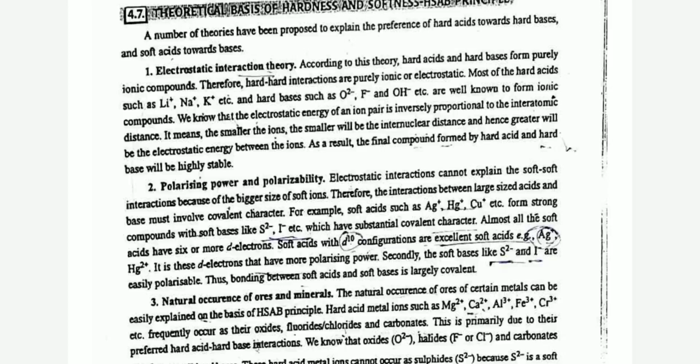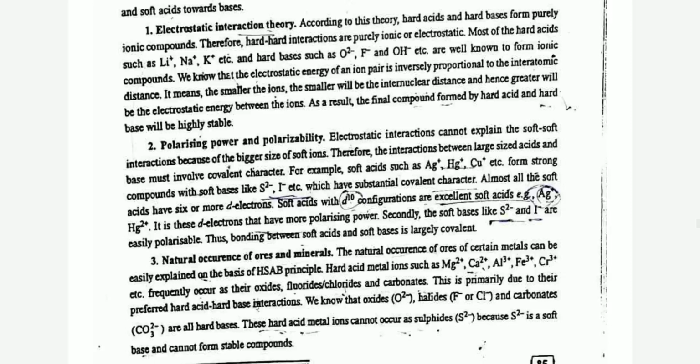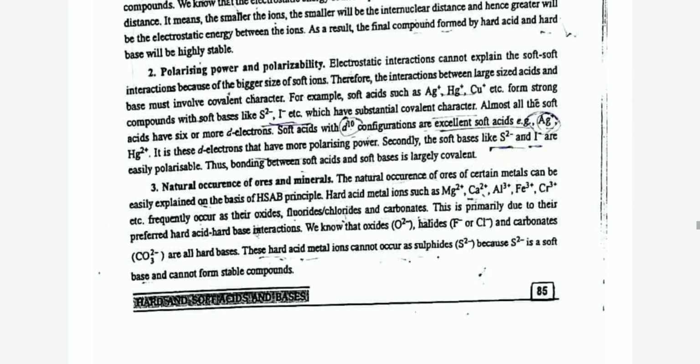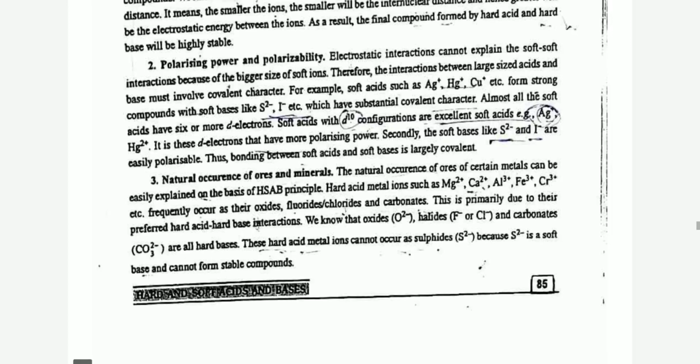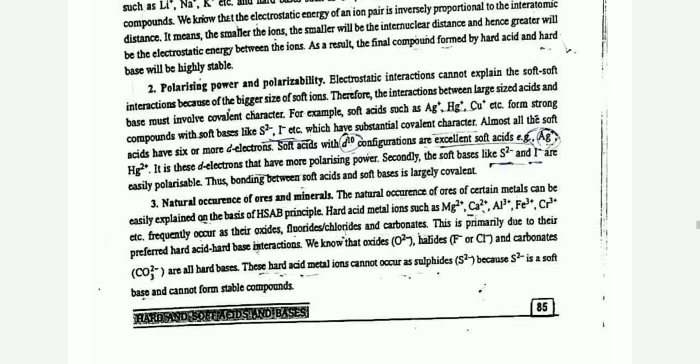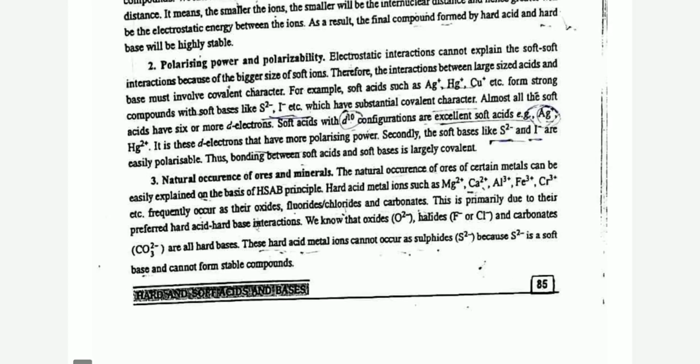It means the smaller the ions, the smaller will be the internuclear distance, and hence greater will be the electrostatic energy between the ions. As a result, the final compound formed by hard acid and hard base will be highly stable.